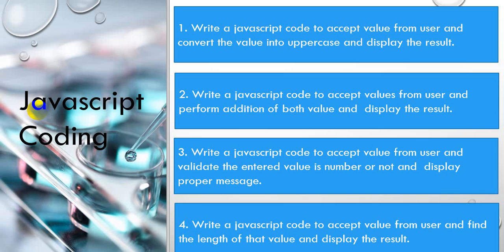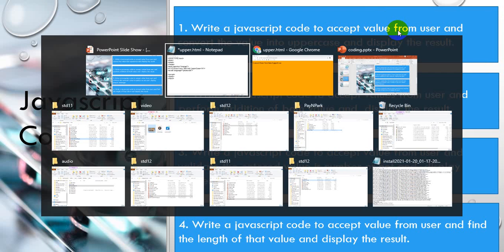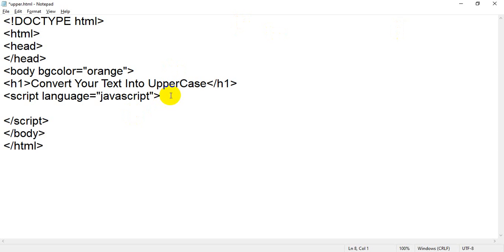Now flip back to your question again and read out the question. Write a JavaScript code to accept a value from the user. We are ready, because we have written the script tag. To accept a value, we have a function called prompt, so we will use a prompt box. Here I will write prompt.